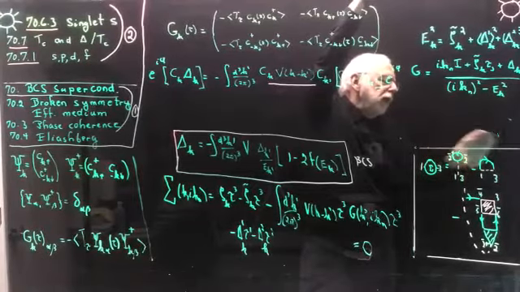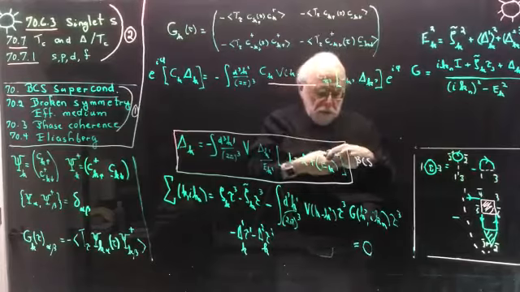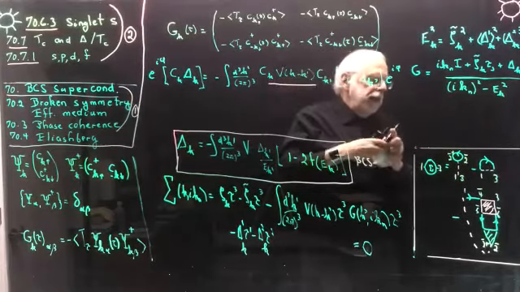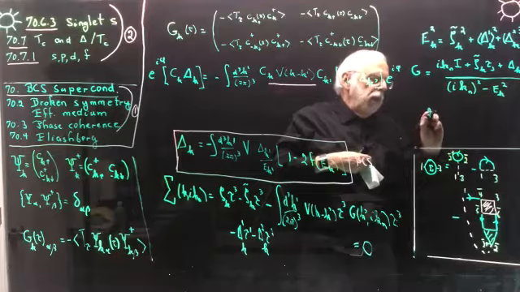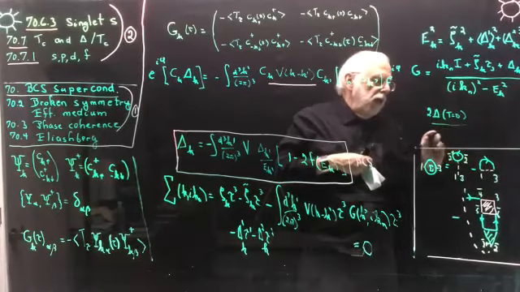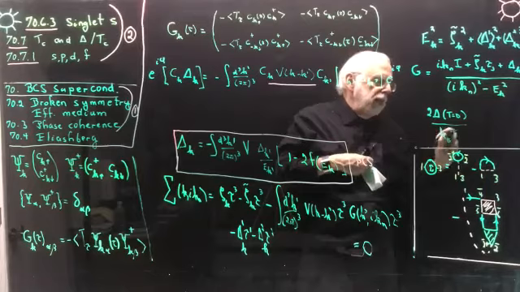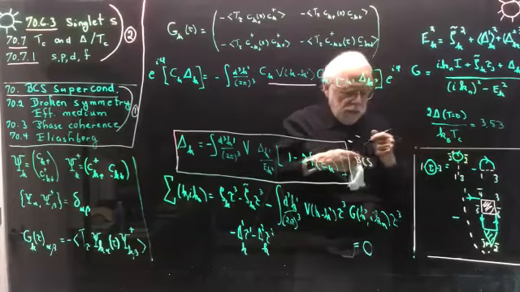I will show you that there's a very famous ratio for BCS theory. That is that 2 times the gap at t equals 0, divided by, if I put back the k Boltzmann times Tc, is equal to 3.53.